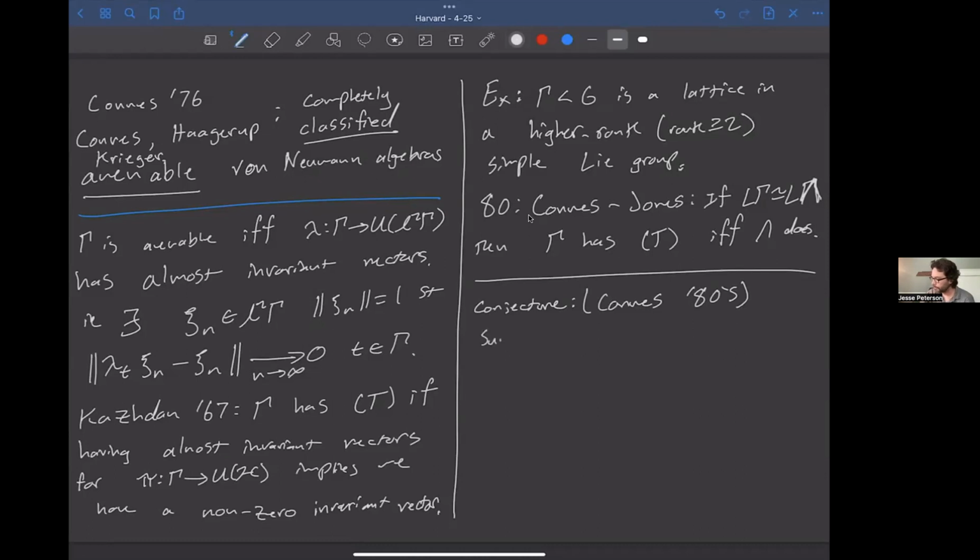So suppose gamma in G is a higher rank lattice in a simple Lie group.